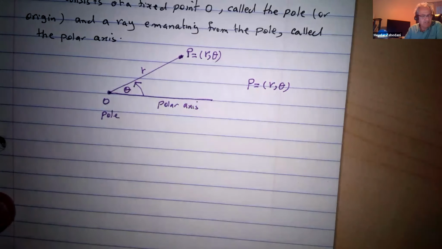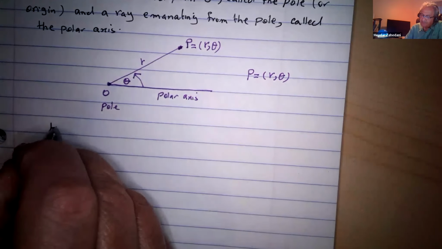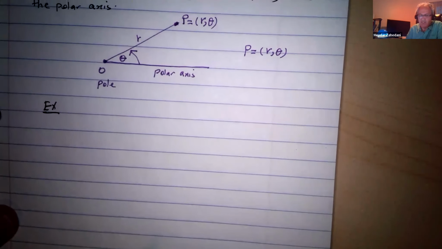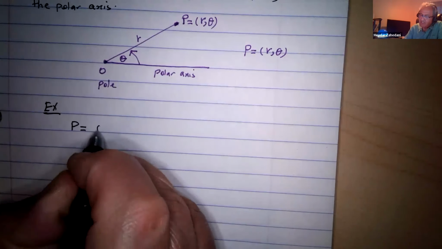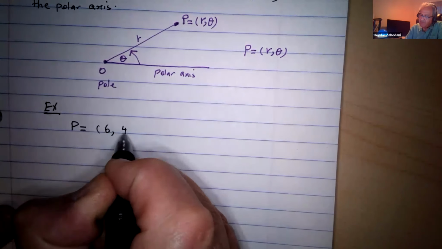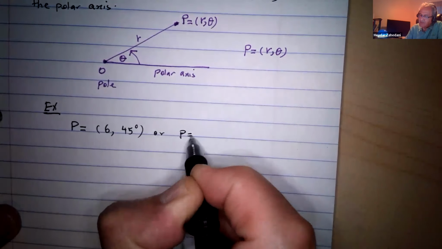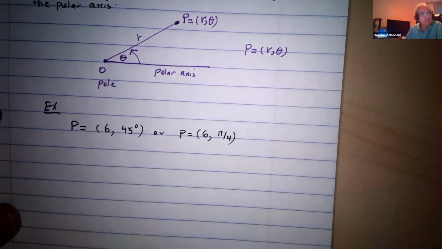So let's identify some points to see how we're going to work with this system. For example, if the point P is equal to (6, 45 degrees), or in radians, (6, pi/4).